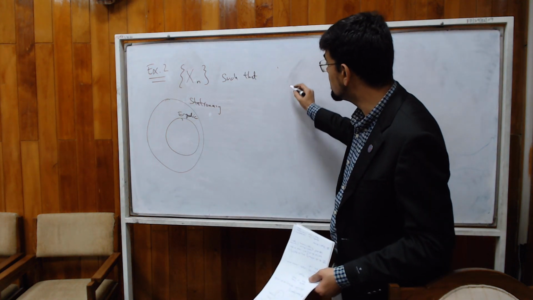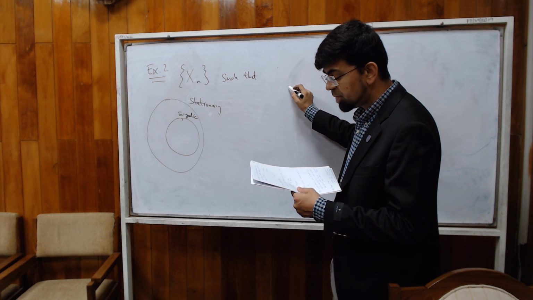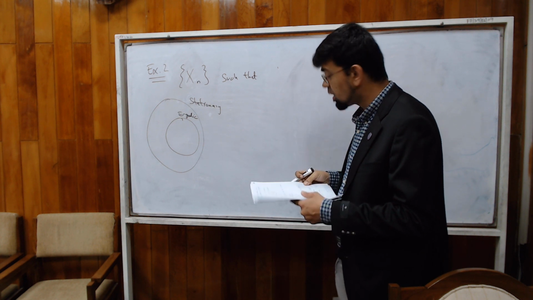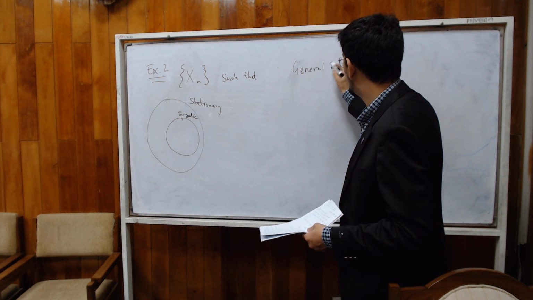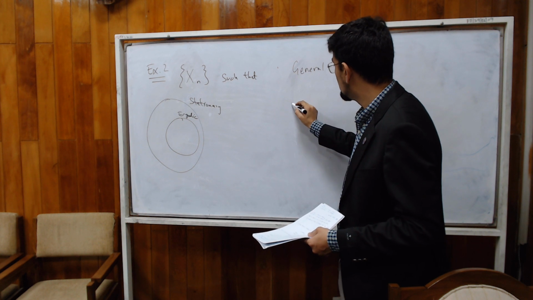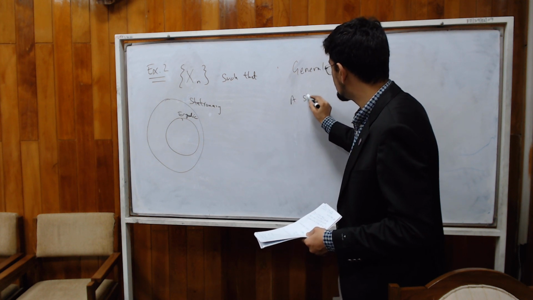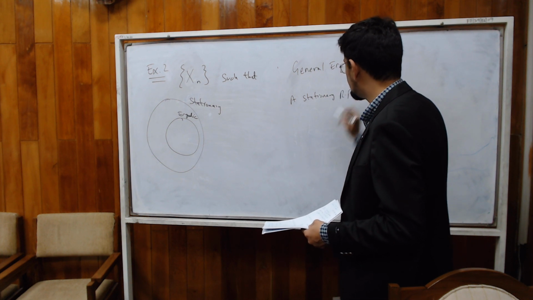First we'll talk about general ergodicity. So an RP, let's say general ergodicity, is a stationary random process.